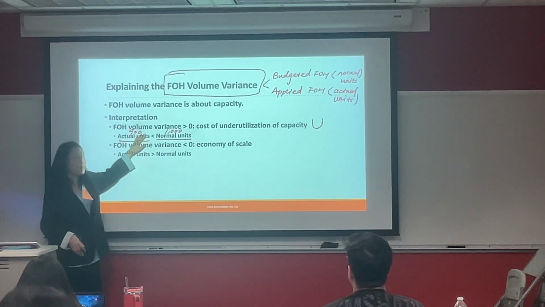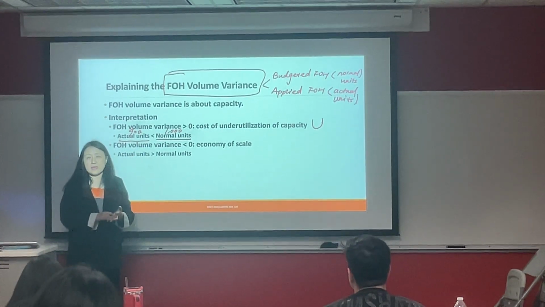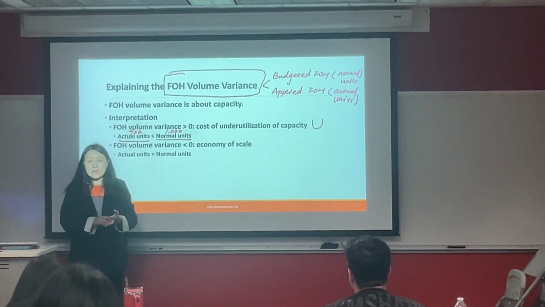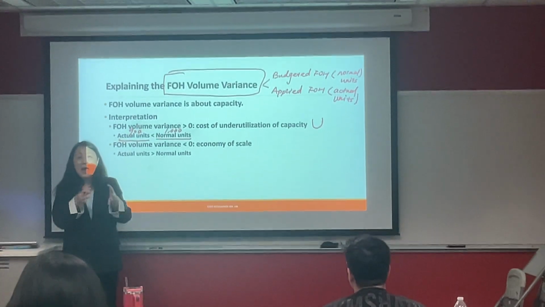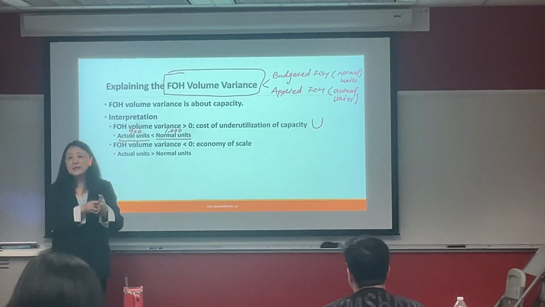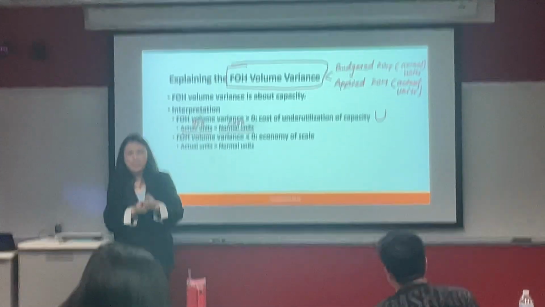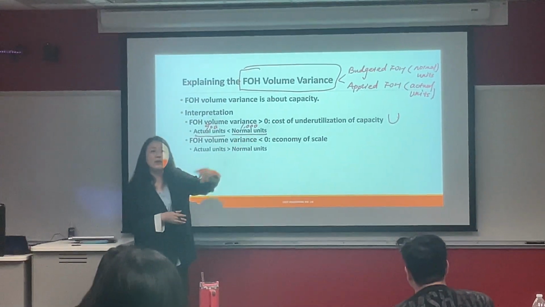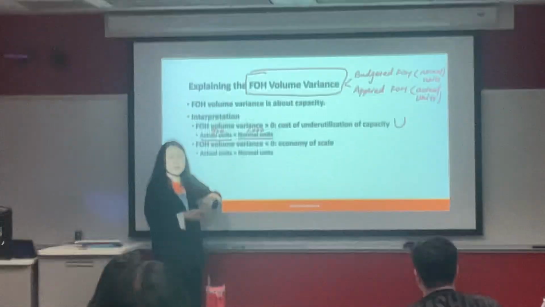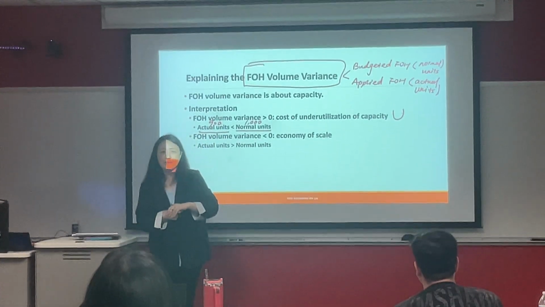In reality, you only produced 900. There can be a lot of different reasons, but it doesn't matter what the reason is. If you have the capacity to produce and sell 1,000 units and you end up not achieving that goal, that's costly to the company. That's why you have an unfavorable variance, and the cost is the underutilization of the capacity.